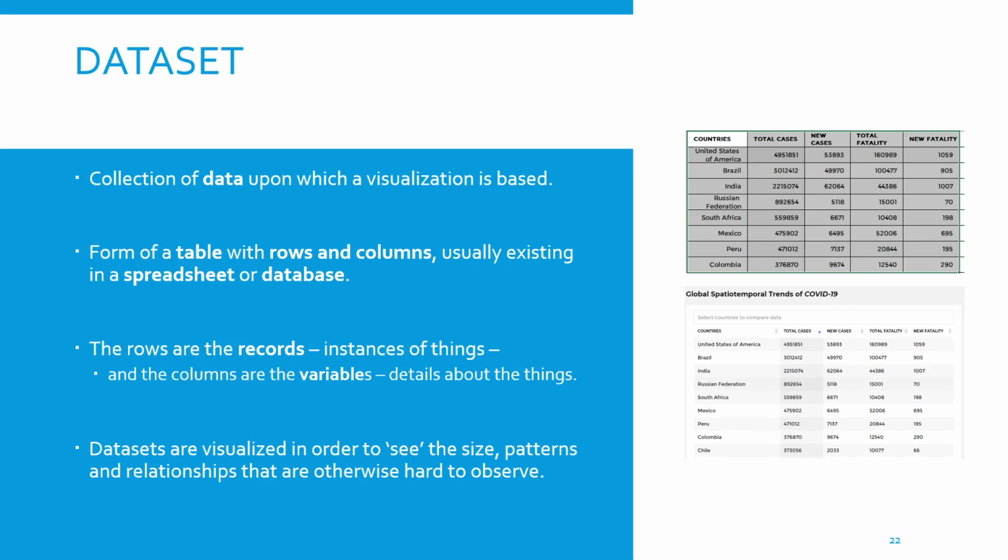A data set is the collection of data on which the visualization is based. Sometimes the visualization allows us to access the data directly and see the table with rows and columns that represent what is stored in a spreadsheet or in a database, and be able to map those things to the visualization that we are seeing.